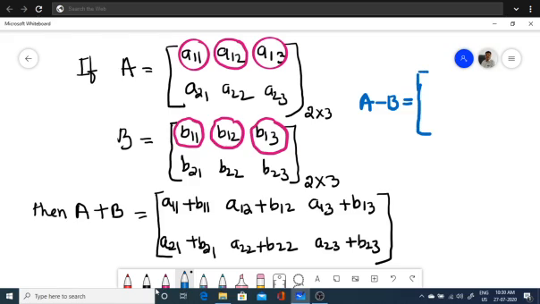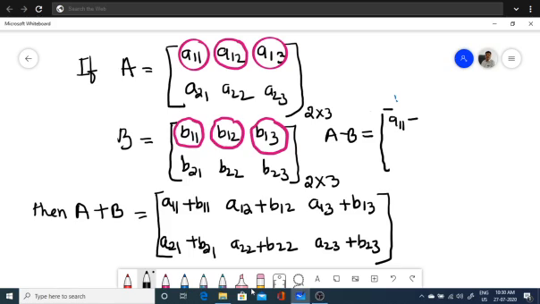A minus B equals, here we are getting, one minute I am going to write once again, that A minus B, just I am writing here, A minus B is A11 minus B11.